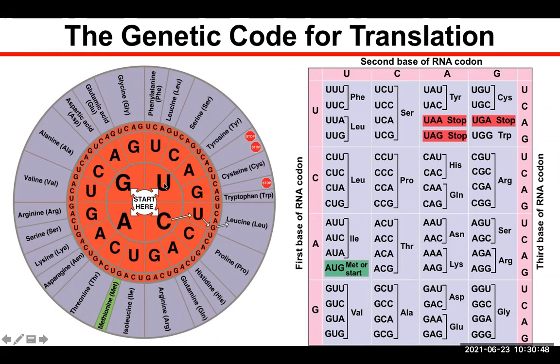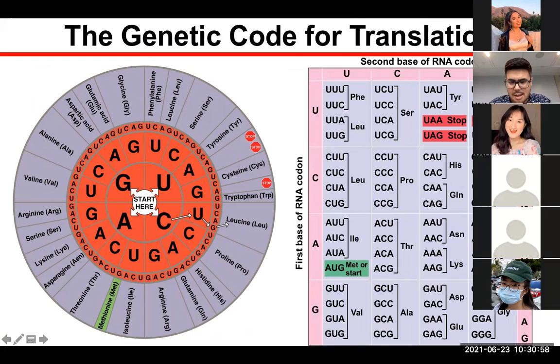If we start with U and then go to G and then the other G, we see that tryptophan is the answer. Does that make sense? Okay. So hopefully that concept is pretty straightforward.